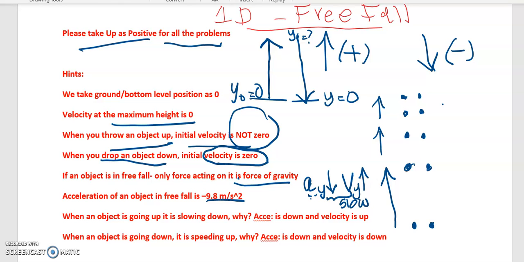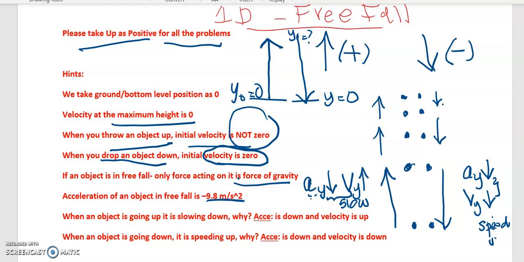But when the object is coming back, it's going to speed up. Why? Because acceleration is downwards. It's always downwards. Now you can see velocity is also downwards. So acceleration and velocity both are in the same direction. The object is going to speed up. Okay.